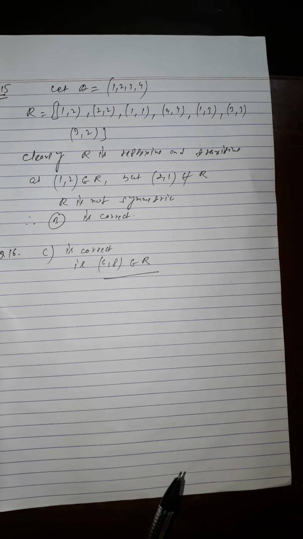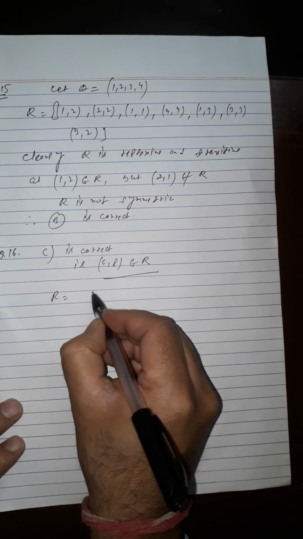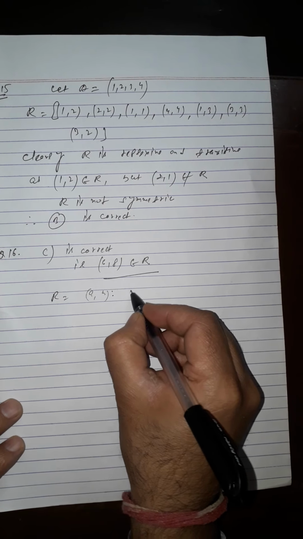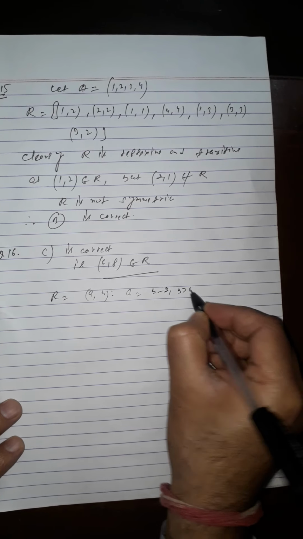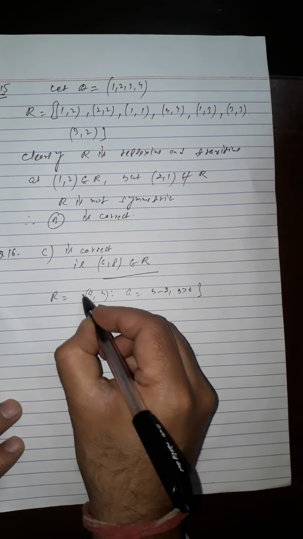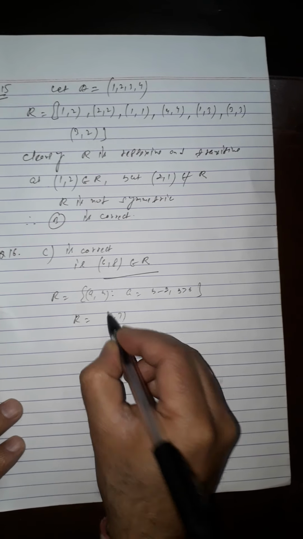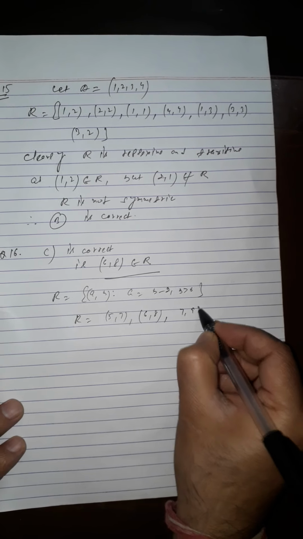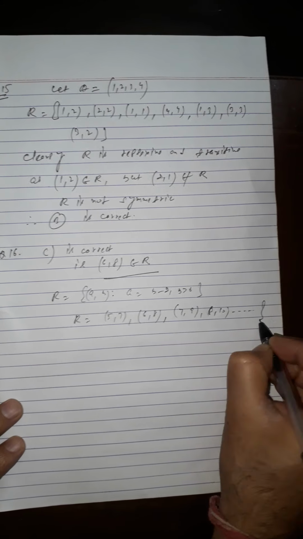C option is the correct option, because while we write here R is equal to (a, b) such that a is equal to b minus 2 where b is greater than 6, what you will say students is that the relation will come as (5,7), (6,8), then (7,9), (8,10) and so on.